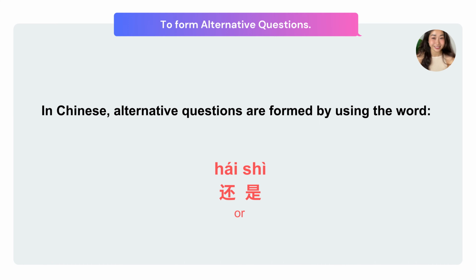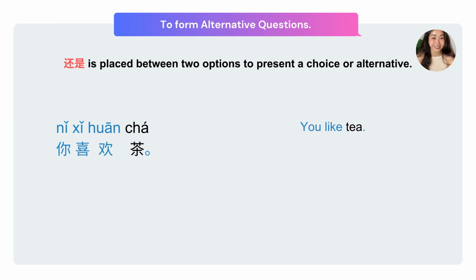So, for example, this sentence is a declarative statement. 你喜欢茶, you like tea. You are just saying you like tea and there's only one option, that is tea. And we can change this sentence to an alternative question. So we are going to add 还是 between two options. So this sentence structure, we are not going to change it.